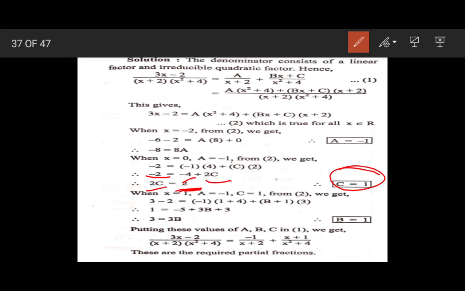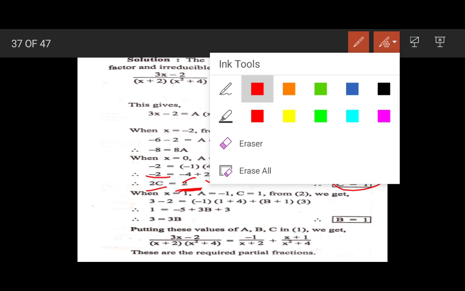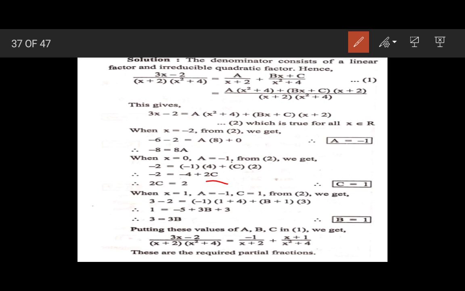Now we have two constant values, and b is remaining. To find b, we substitute A as minus 1, c as 1, and one more value for x. So let x equal to 1. We are taking values of x as small as possible, so after 0 the next minimum value is 1.